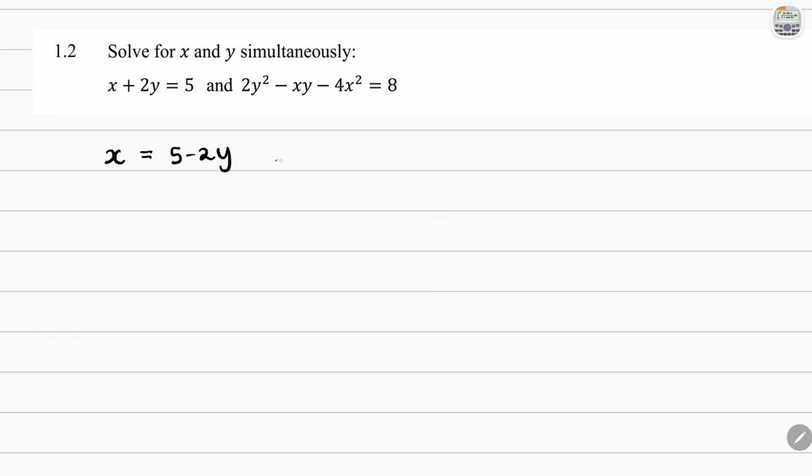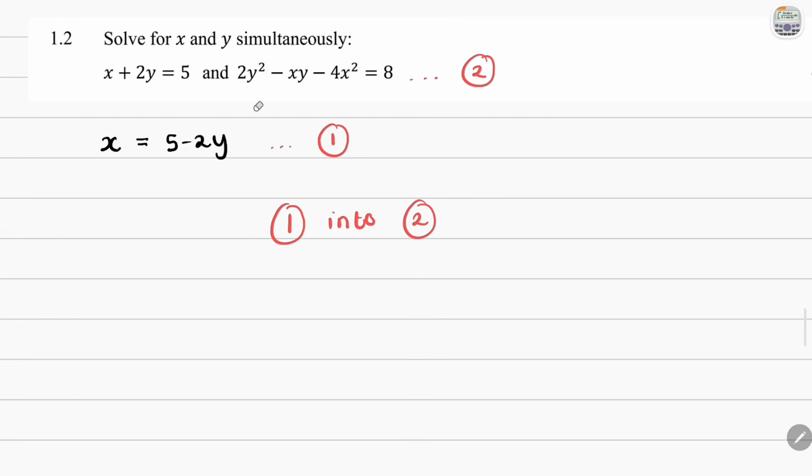And we can go ahead and say this is our equation 1, and we are going to substitute it into our equation 2. So substitute equation 1 into equation 2. So every time you see x in equation 2, replace it with 5 minus 2y. So that is 2y squared minus, and there's our x. But you see that there's a y after it. So it's going to be awkward to say 5 minus 2y and then y.